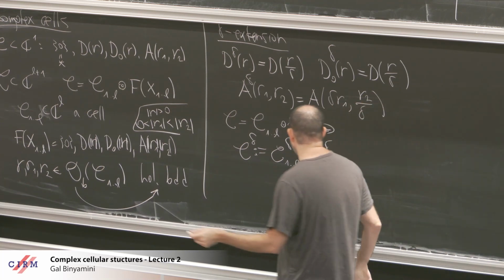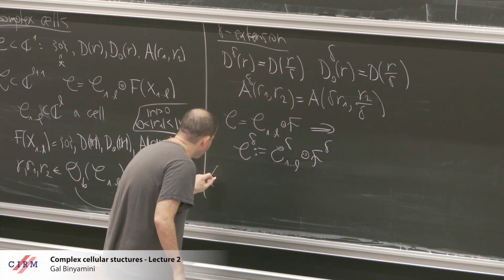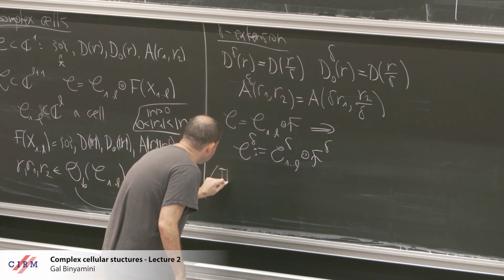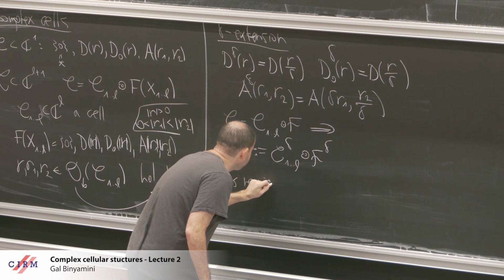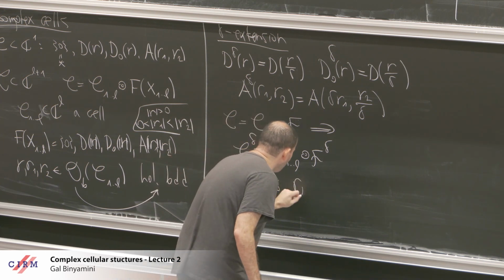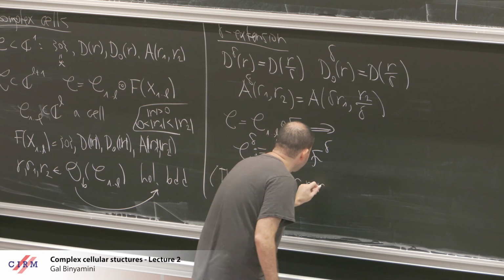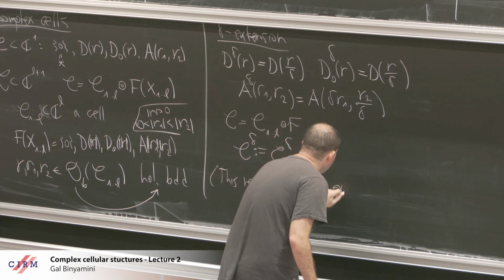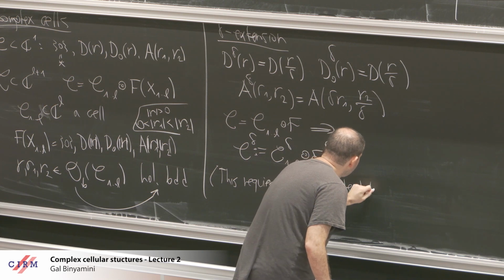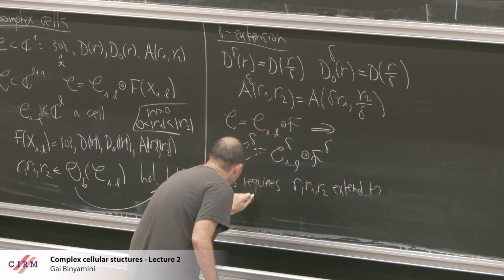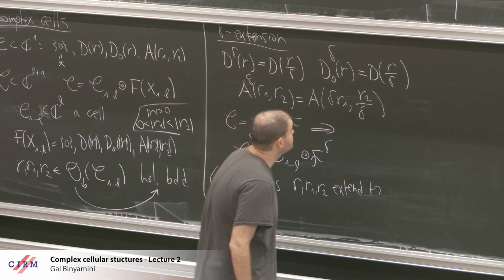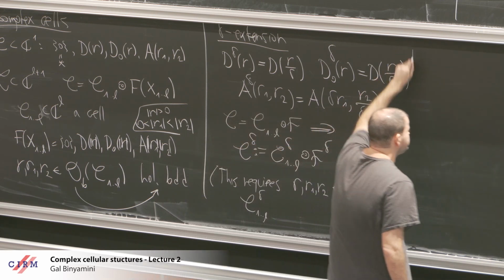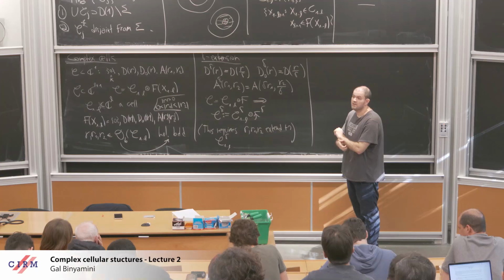So I'll just mention that this requires r, or r1, r2, to extend to this C1 up to L delta extension. So it's a non-trivial restriction.